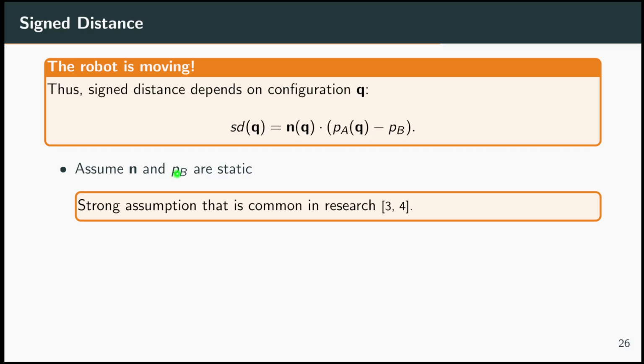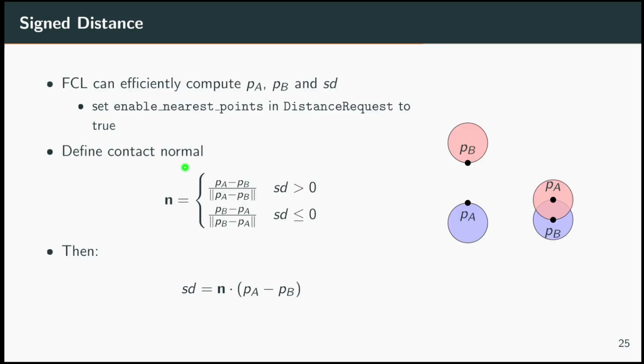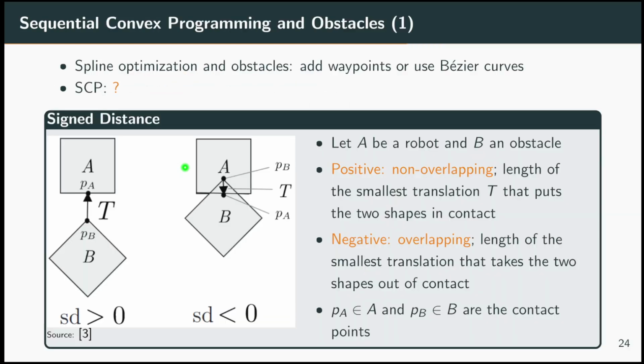PB is less critical as long as you assume you don't have dynamic obstacles. It can be critical if you move a lot, then maybe that contact point will really change, right? If you go back to this example over here, PB is now this corner point, but if robot A moves over here, then this corner point would instead be a different one.